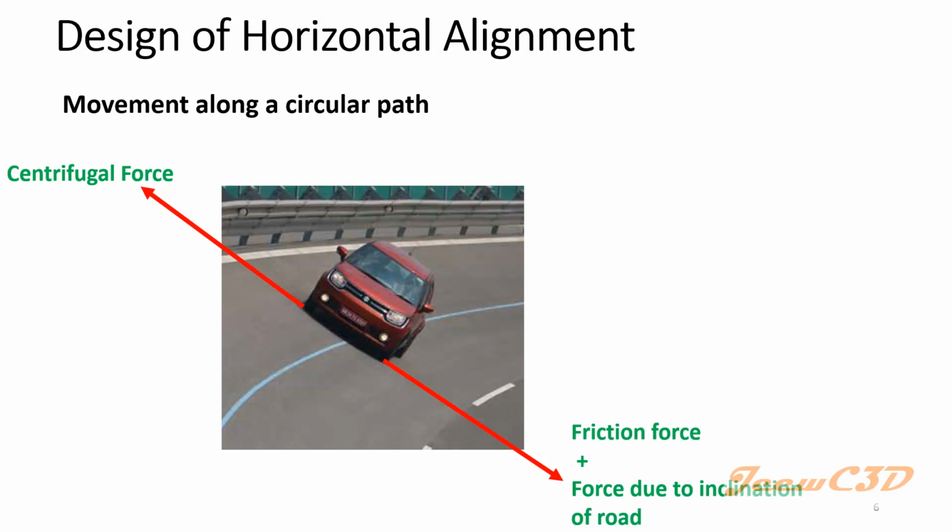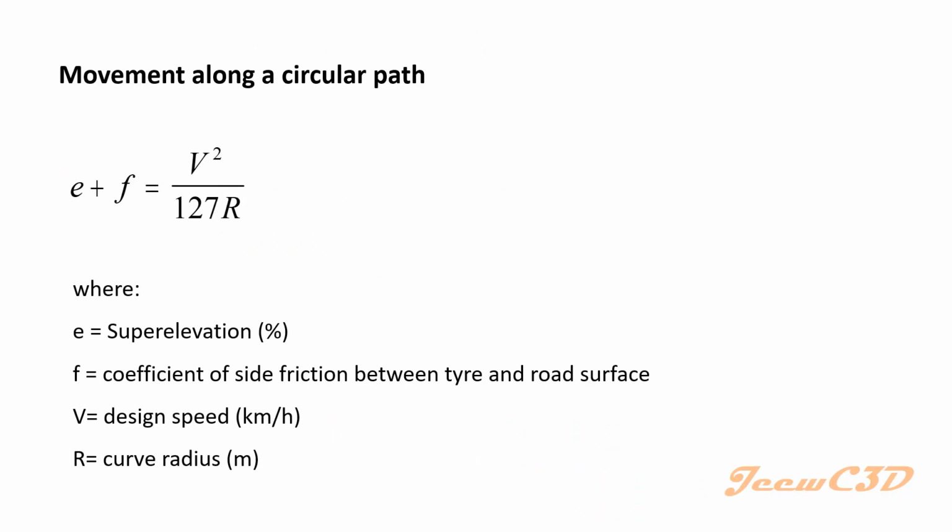The inclination of the road, or otherwise the super elevation of the road, will depend on the radius of that curve. If the curve radius is high, you might not need higher super elevation. If the curve radius is lower, you should have higher super elevation.